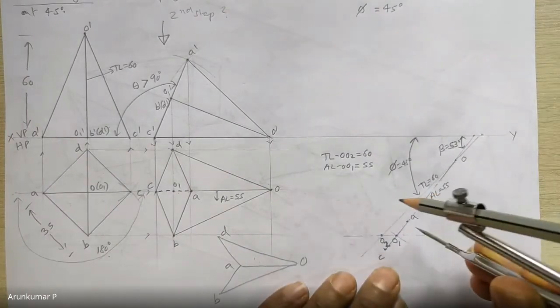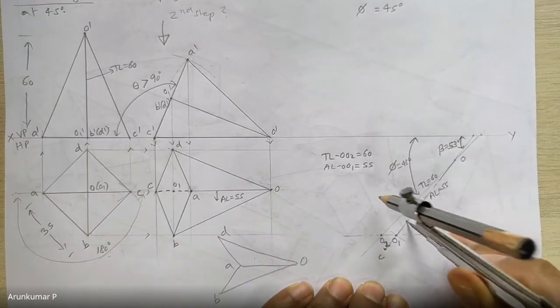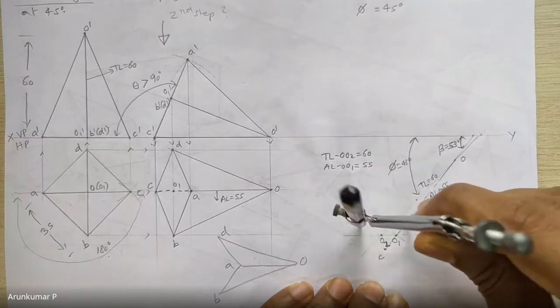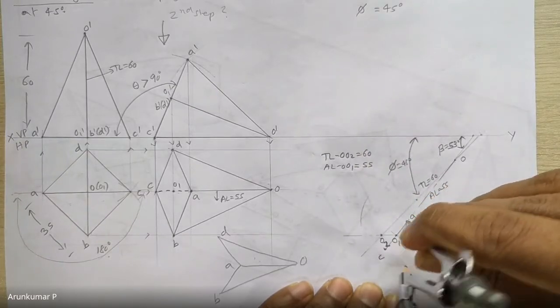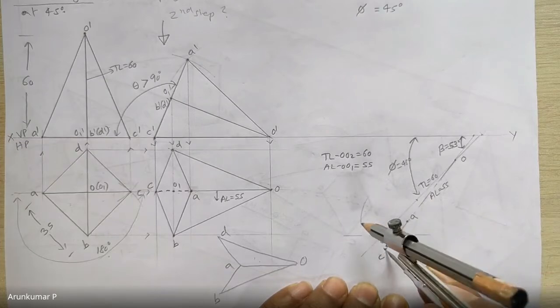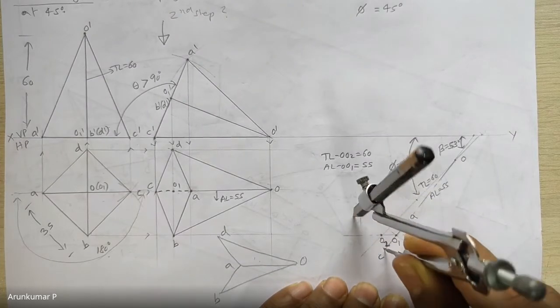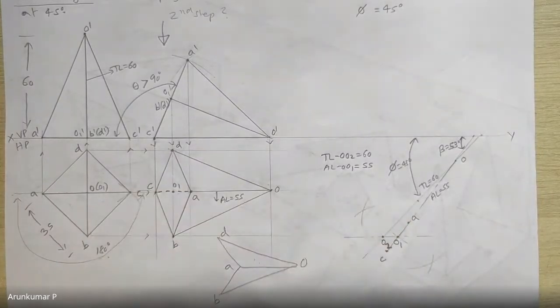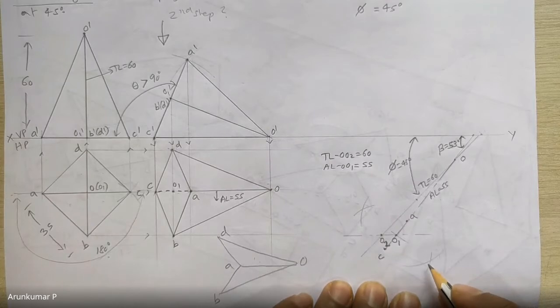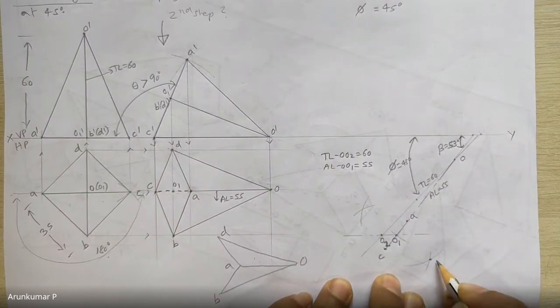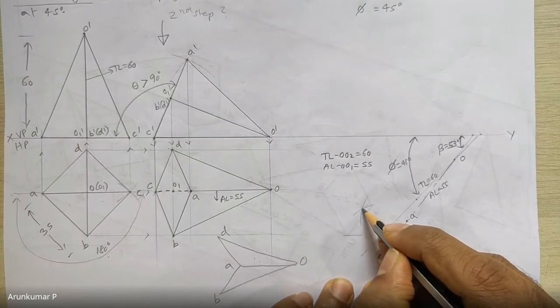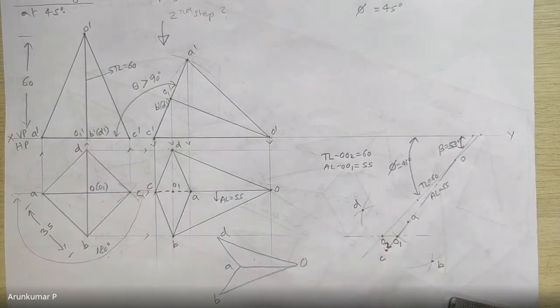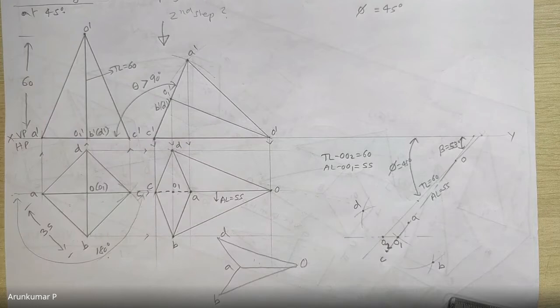So I'll measure that length with center as A and draw an arc here on the left and an arc here on the right. With the same distance with center as C, I'm going to cut the arc. So with one length only, I can finish off and easily locate this point which is B and this point which is D. This is faster. That's it. You have got all your points.